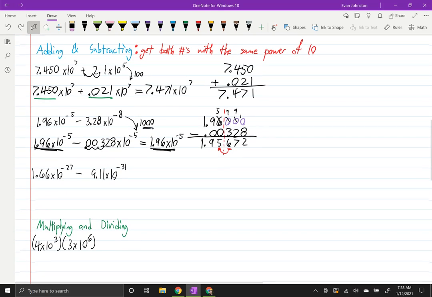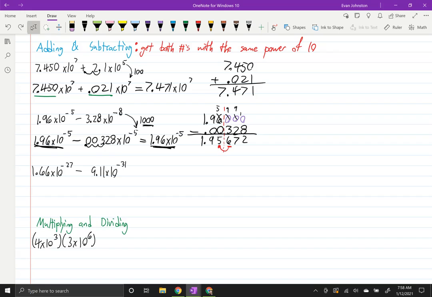So for our last one here with subtracting, we have 10 to the negative 27 and negative 31. This is actually the approximate mass of a proton here. Let's make it an actual proton. So we have that 7 instead. And this is the mass of an electron. So we're subtracting the mass of an electron from the mass of a proton. And we'll, again, write our power of 10 and leave it the same for our larger value.